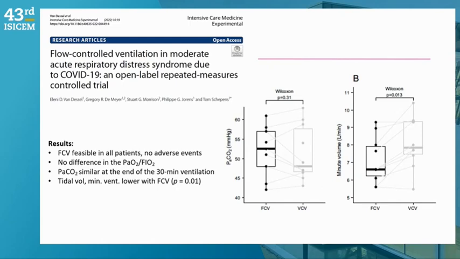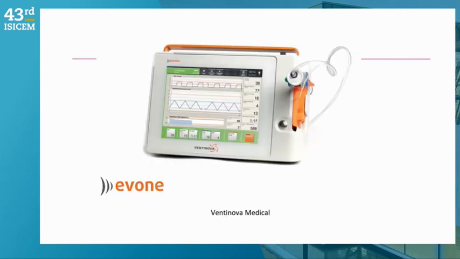There was no significant difference in oxygenation using flow-controlled ventilation, and the CO2 clearance was also similar, even though minute ventilation was significantly lower compared to conventional ventilation.